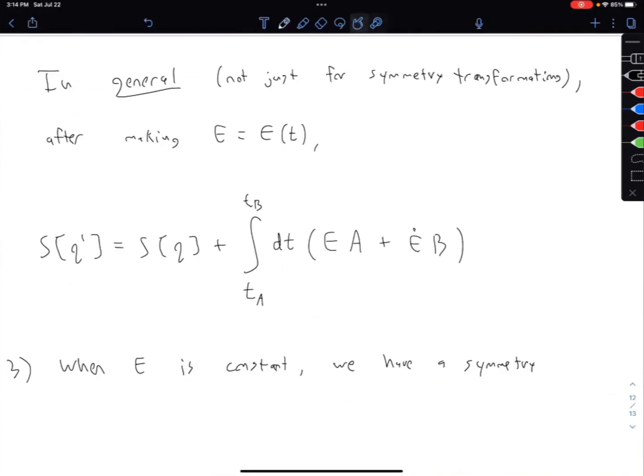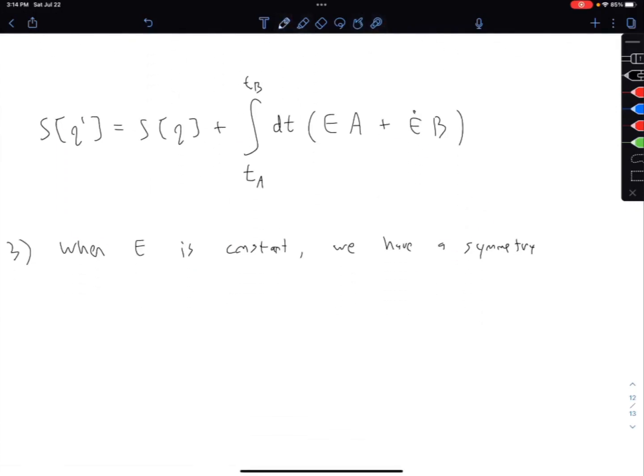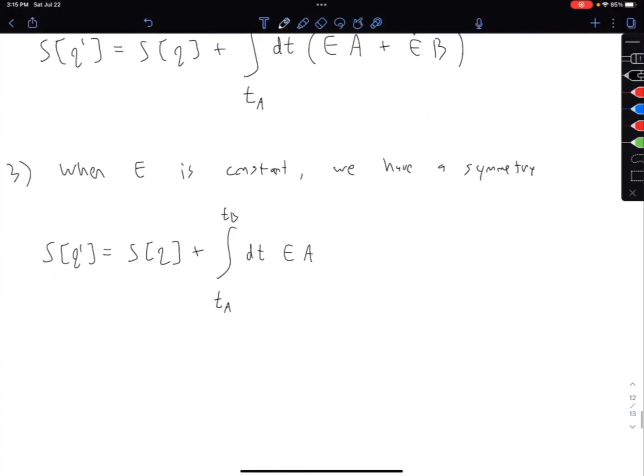Now let's look at what happens to this expression when epsilon is constant. When epsilon is constant, we get this, because this term goes away. But if it's a symmetry, then we know that we need to have S of Q, because it's a symmetry.